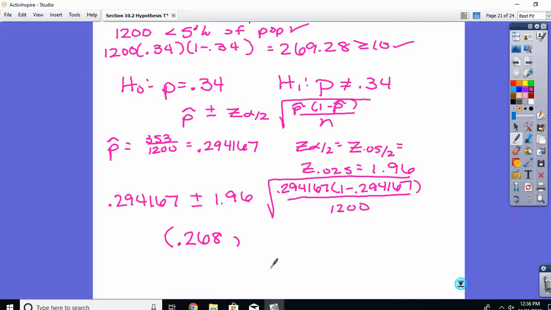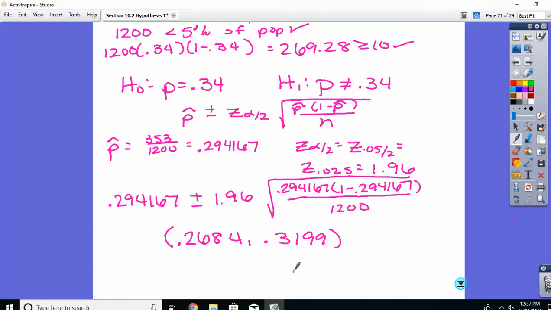Remember, once you type in one of them, you can just hit second enter, change your sign, and get the second one. So I get 0.26843199.